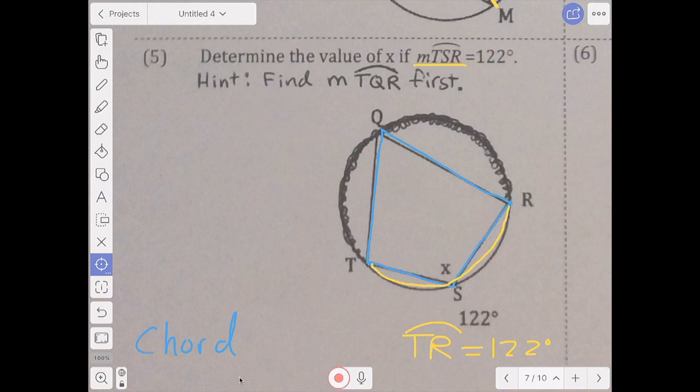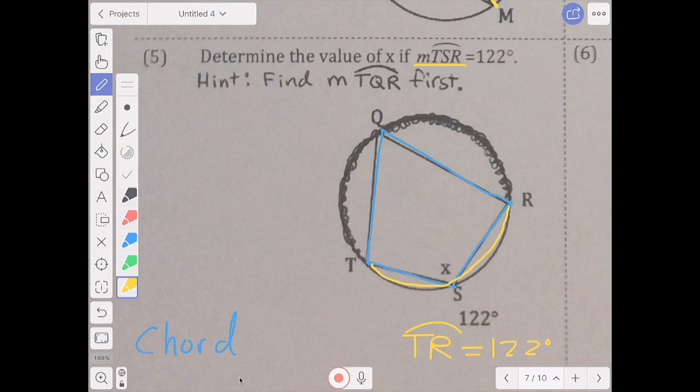All right, so I'm after that angle X here, this inscribed angle, and I've actually given a hint. To figure out the measurement of this angle, I could find this arc first, TQR. So how am I going to get that? Well, remember that a circle has how many degrees total? 360. And if the yellow arc was 122 degrees, the remaining piece would be in black.